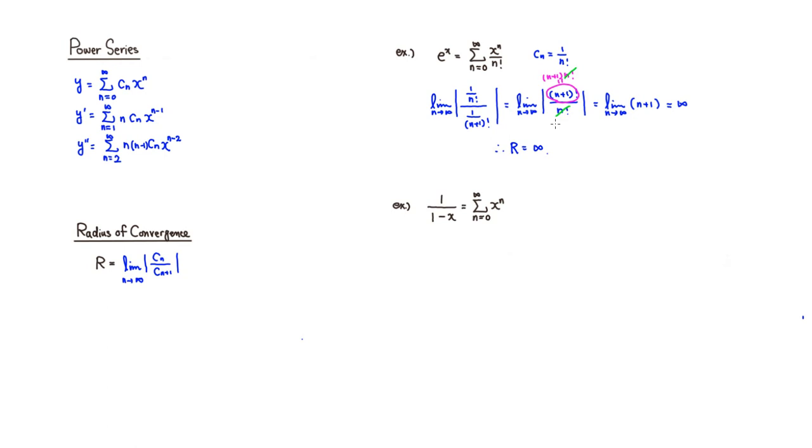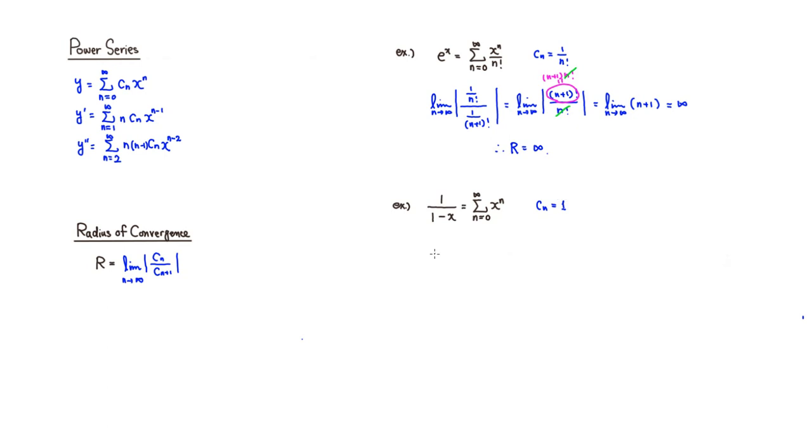How about the second example? If you have 1 over 1 plus x, the corresponding power series is the summation, n goes from 0 to infinity, of x to the n. In this case, Cn is equal to 1.